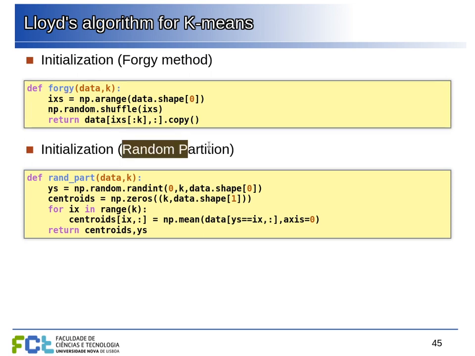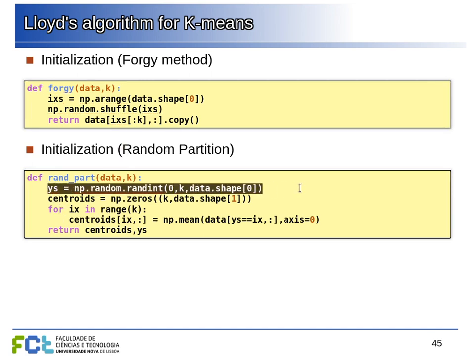If we do random partition, then we will start by creating a vector of random numbers with replacement. So there can be repetitions here, but these are all ranged from 0 to k, which is the number of clusters that we have. And this will be the assignment of examples to clusters. They are assigned at random to the k different clusters.